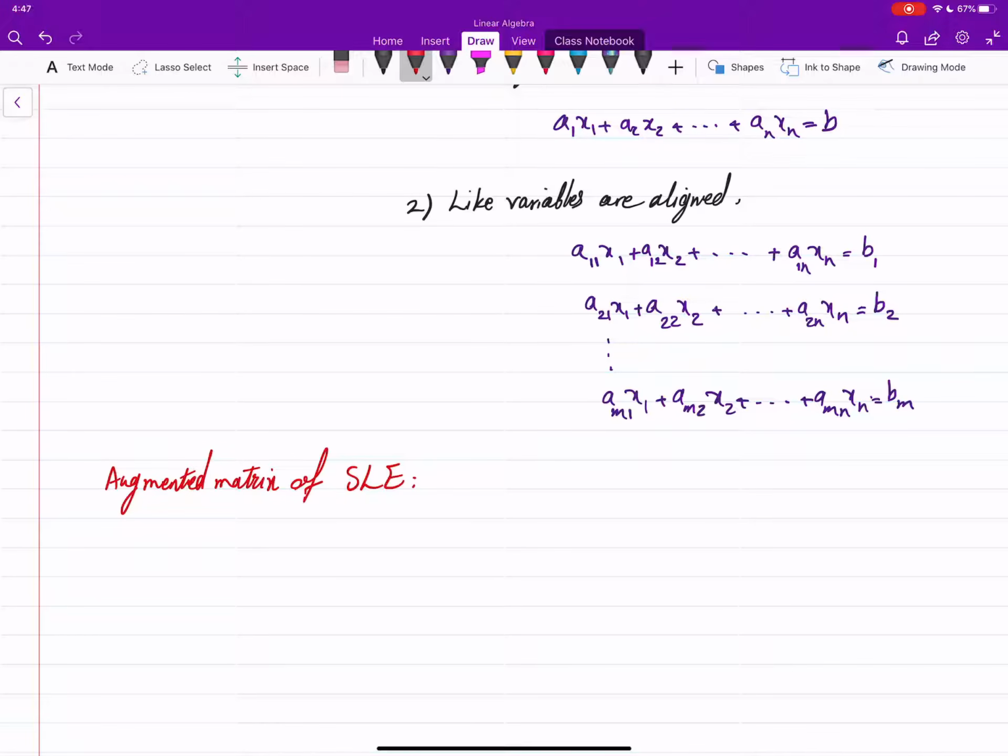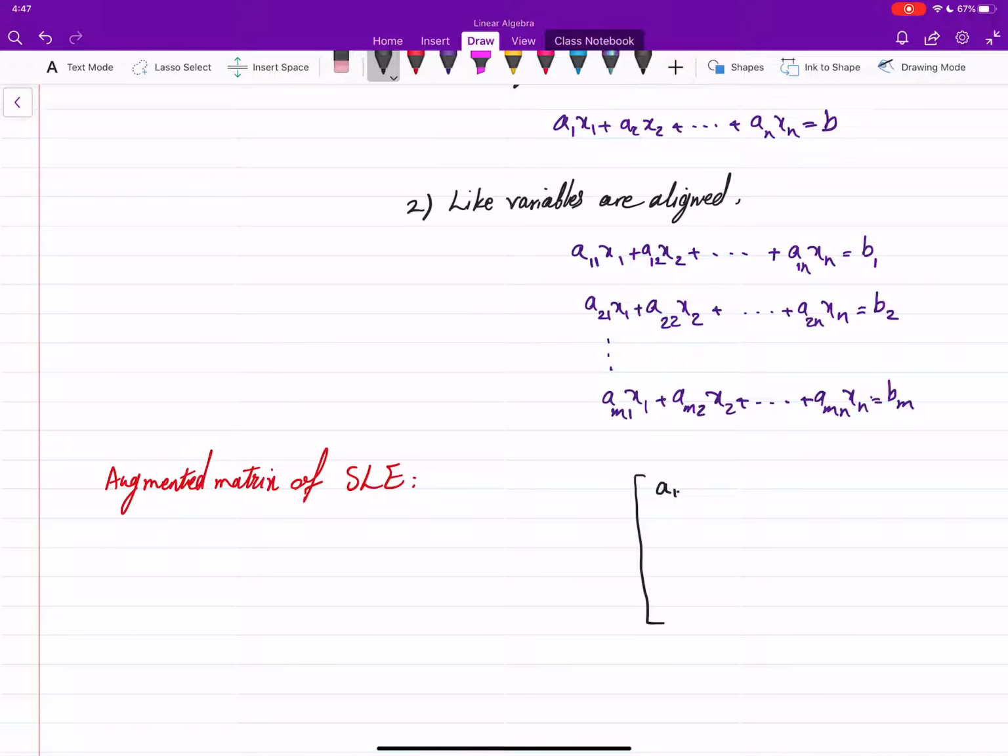When you write the equations in the standard form, you can ignore the variables and plus signs, and just put the coefficients in an array.